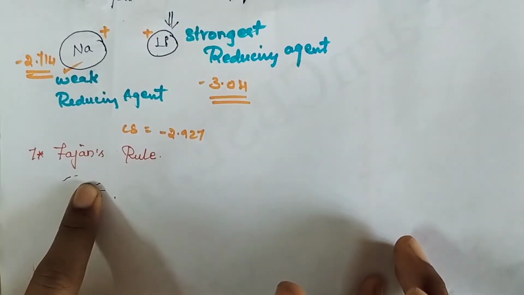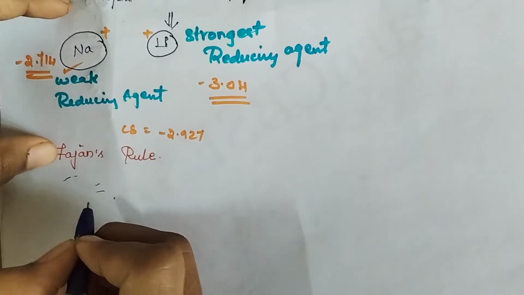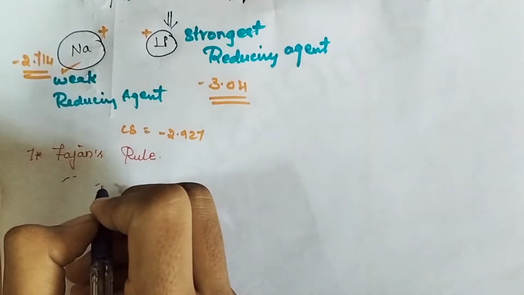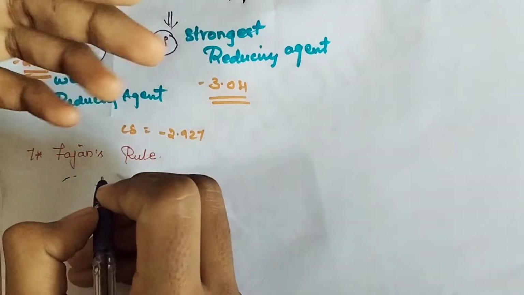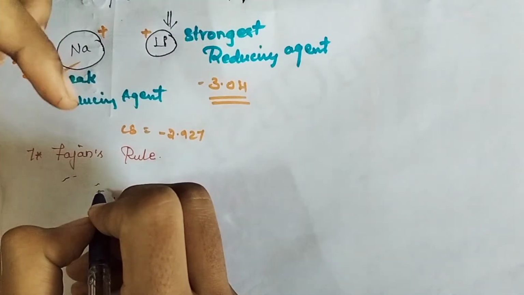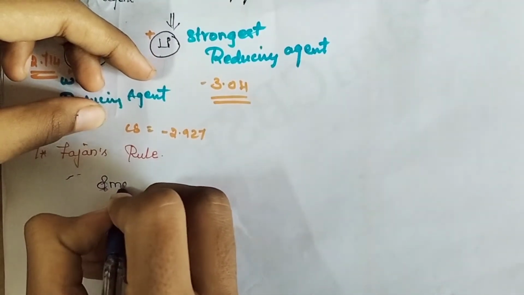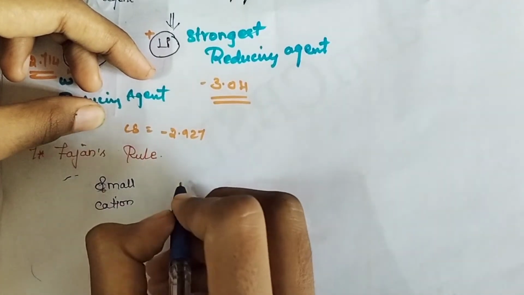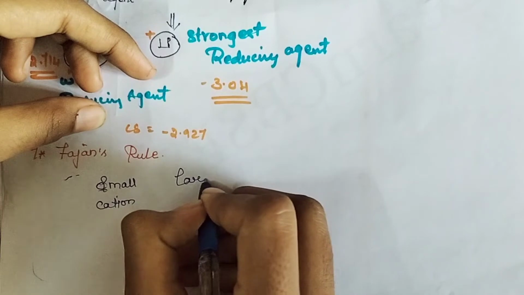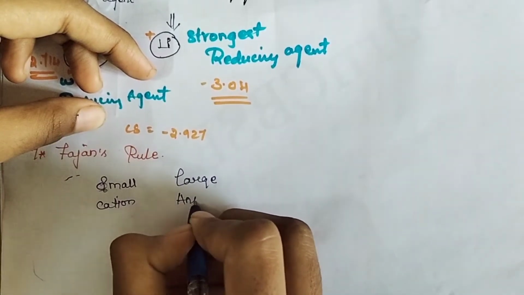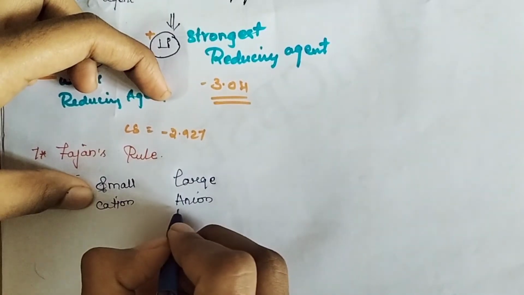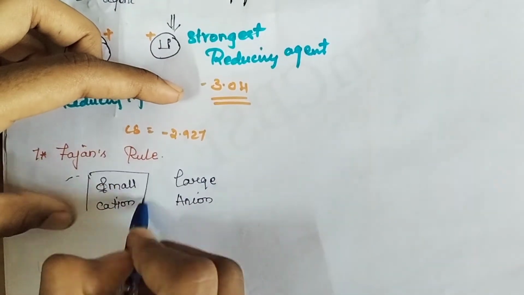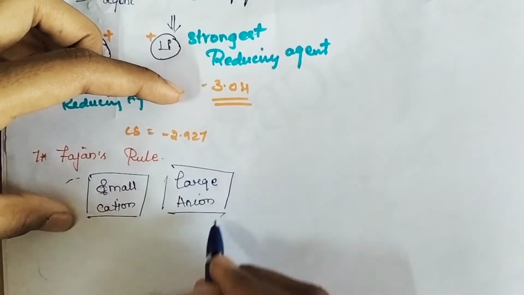Now Fajan's rule told that covalent bond is between a small cation and a large anion. Cation is positive, anion is negative. So with this easy condition, what can you say?